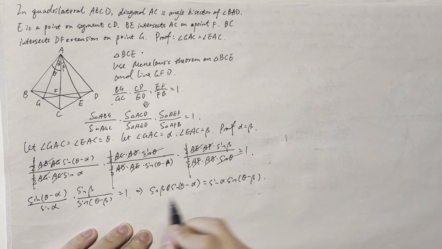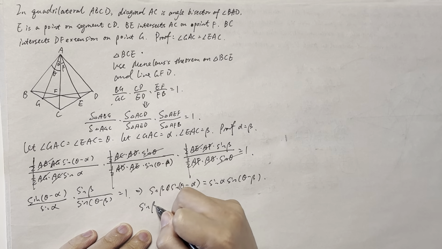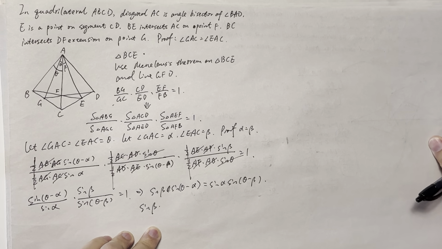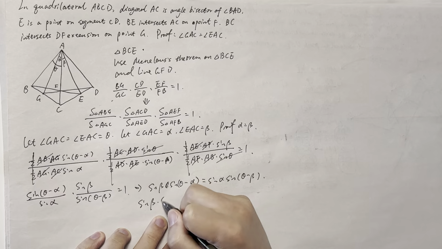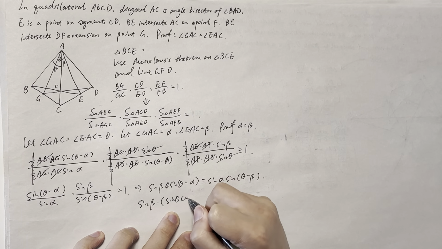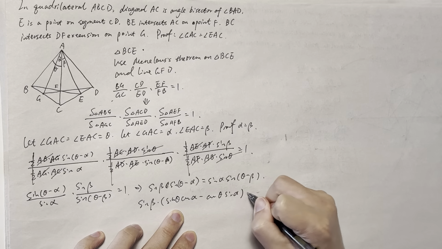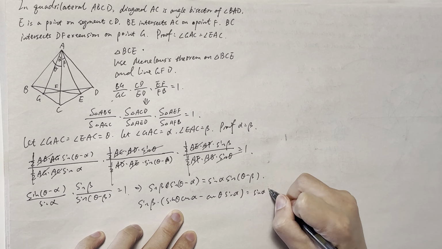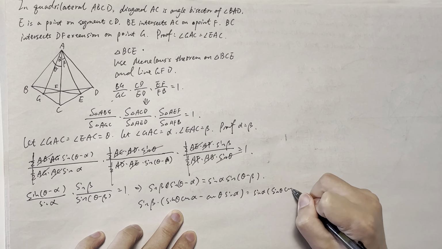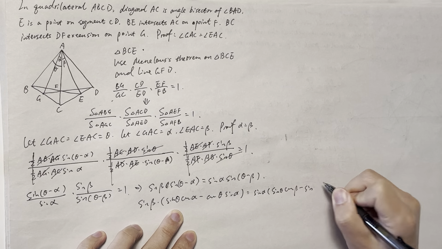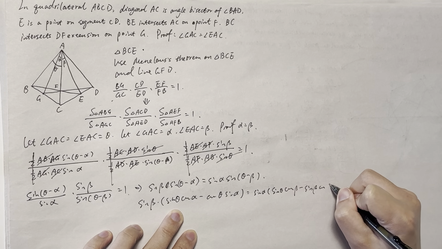We can expand this term, right? So sine beta times sine theta cosine alpha minus cosine theta sine alpha equals sine alpha times sine theta cosine beta minus sine beta cosine theta, right?